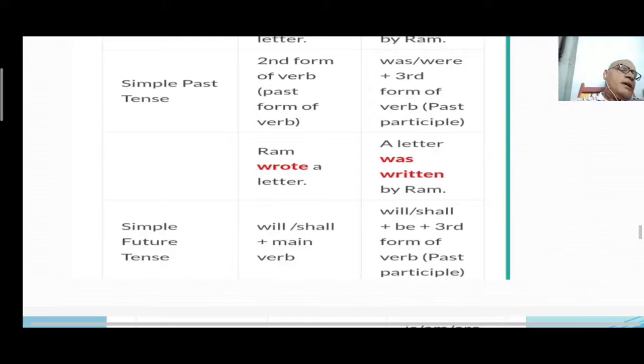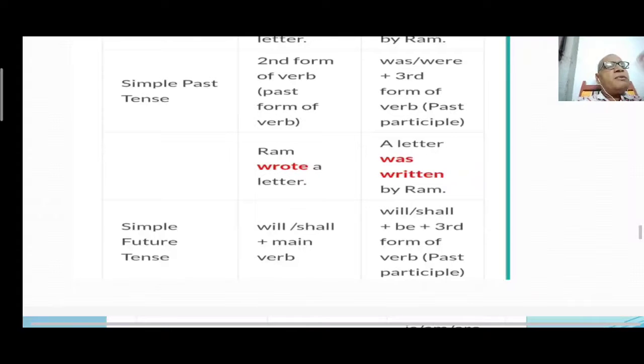And here, shall can be used for I and we, and will can be used for everything except I and we. For the first person we need to use shall; for the remaining all we need to use will. Will can be used with he, she, it, they or any other subject.